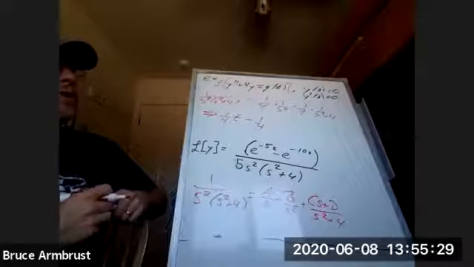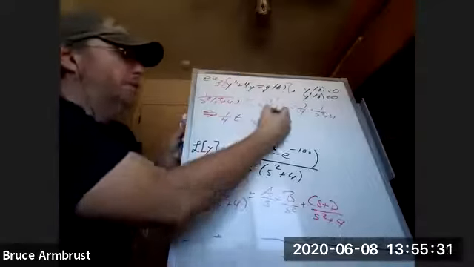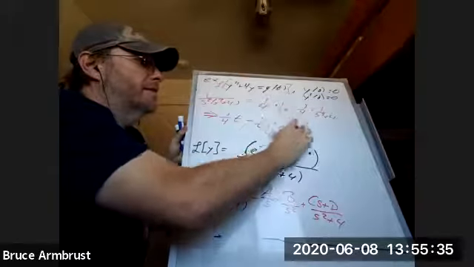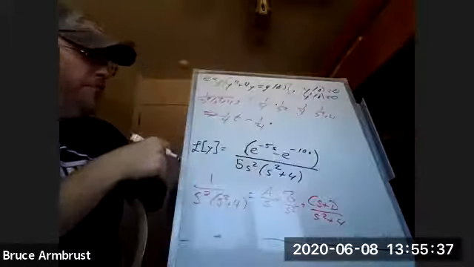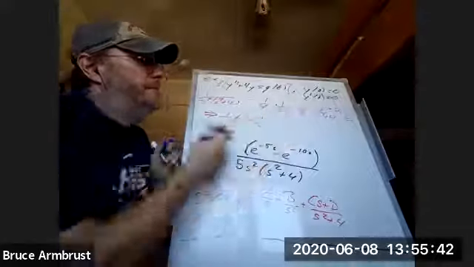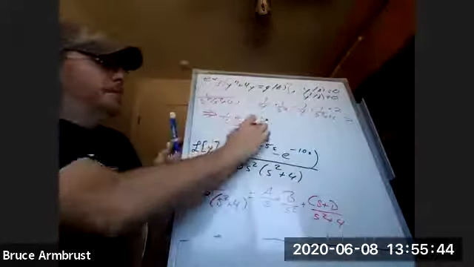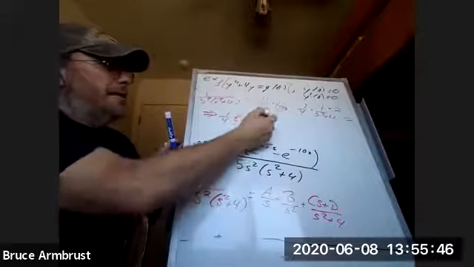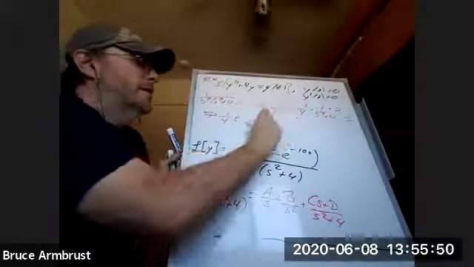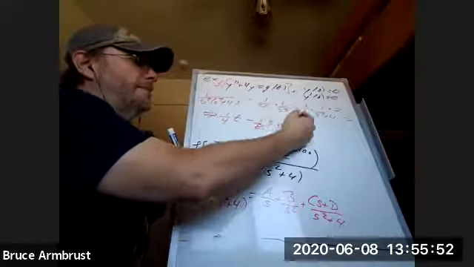But that would require a 2 on top. So let's go ahead and put that in. We'd have to multiply a 2 on top and bottom. The 2 on the bottom is actually going to give us a 1/8. And then 2 over s squared plus 4 is sine of 2t.